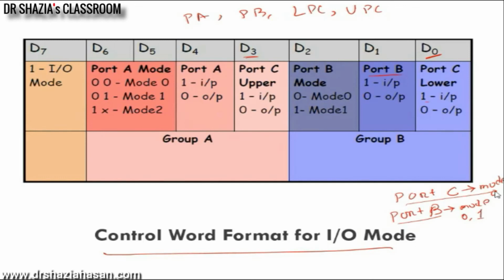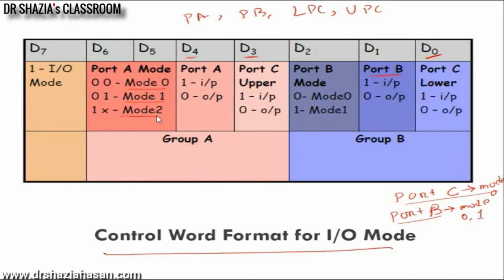Then comes the D4 bit, which is used to configure port A. Actually, D4, D5 and D6 are used to configure port A. D4 represents whether port A is an input port or output port. D5 and D6 represent whether it is operating in mode 0, mode 1 or mode 2.